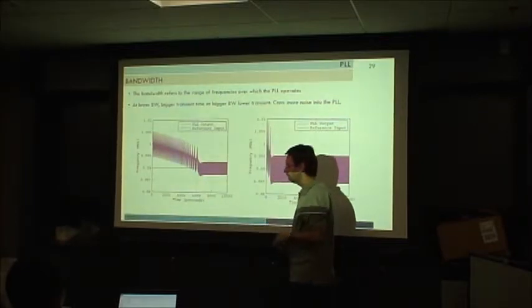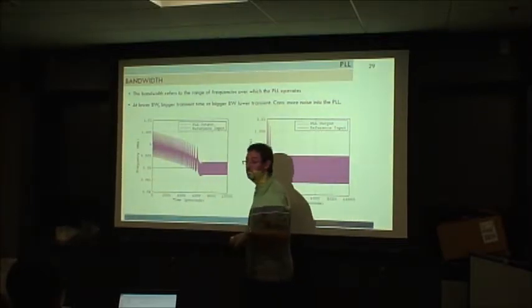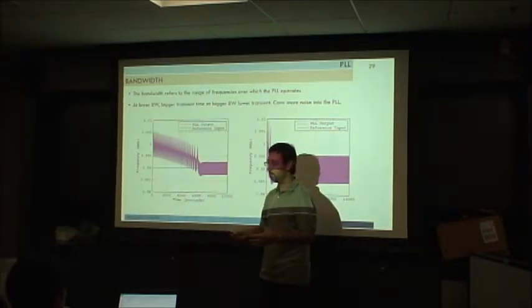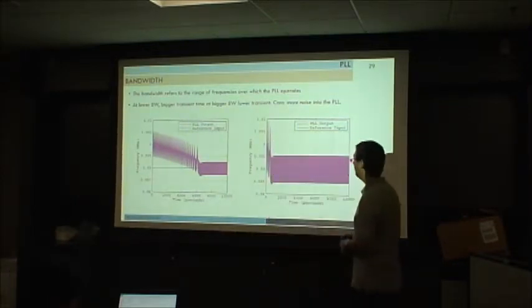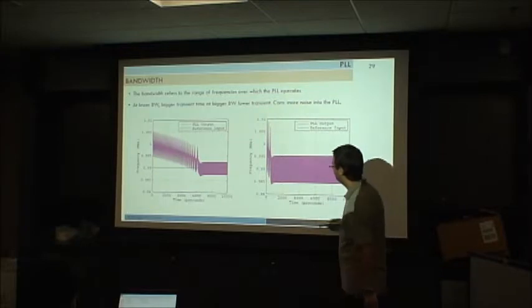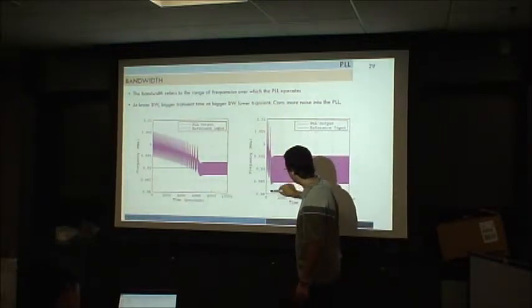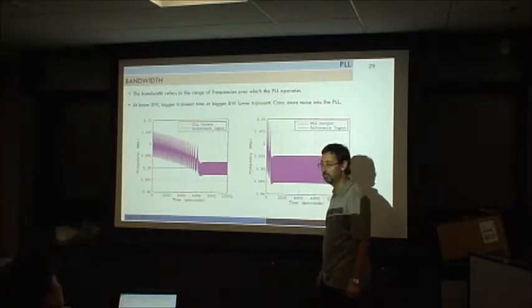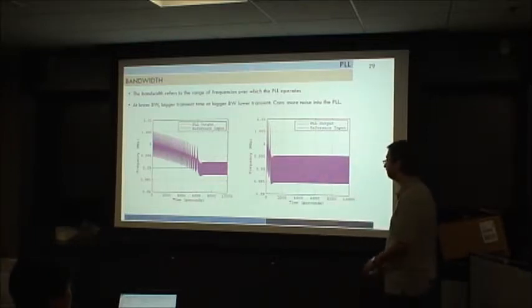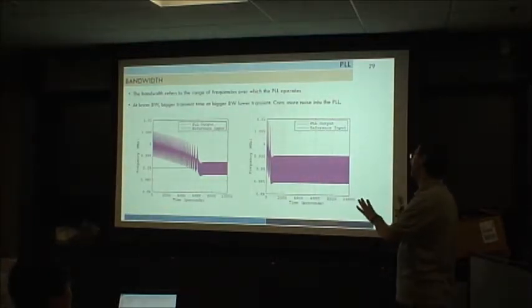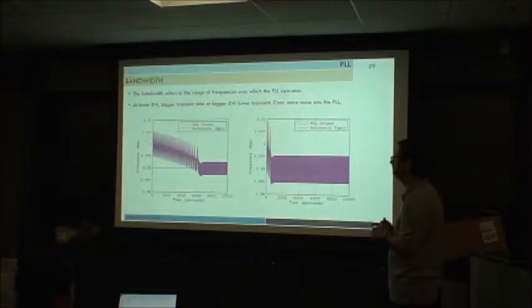At this time we can see the PLL is locked. And this other guy, exactly the same, has 1 here, but you can see that it is much faster at catching the signal.